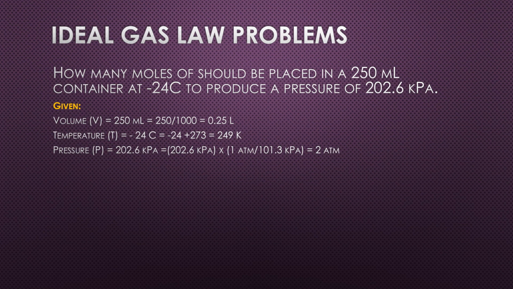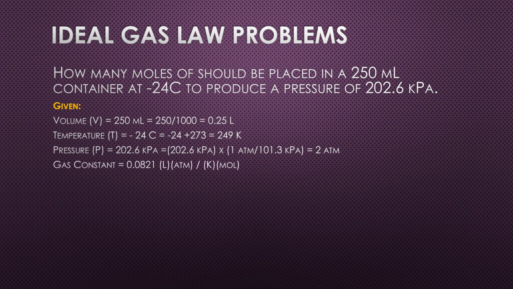All that this conversion factor is saying is that 1 atmosphere has 101.3 kilopascal. The kilopascal cancel out. We'll just do 202.6 divided by 101.3 and we'll get our answer to be 2 atmosphere.